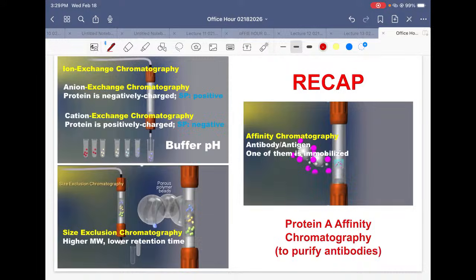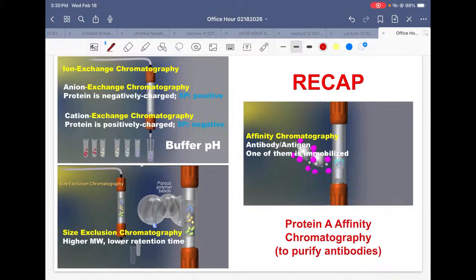And then we talk about affinity chromatography, various examples of affinity chromatography, and always one partner of a very strong interaction is immobilized on the column, and another one is moving. And I gave a clarification also about this protein A affinity chromatography.